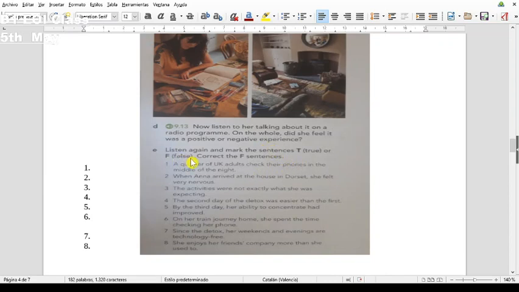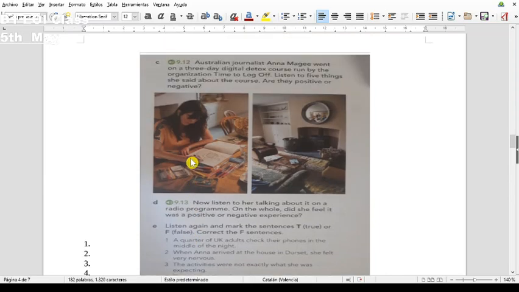Remember that you have the listenings on your Oxford Online, then you can listen to it whenever you want to. Ready? To start the first listening about 3-day digital detox.